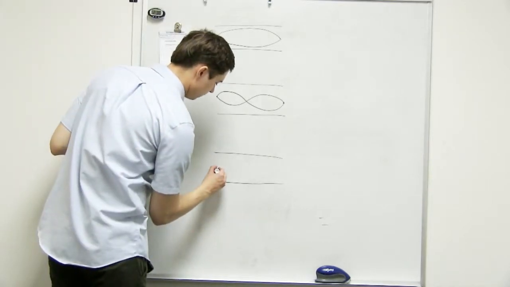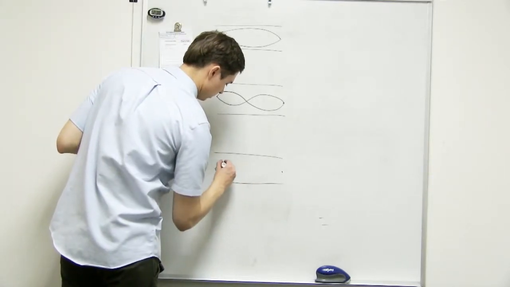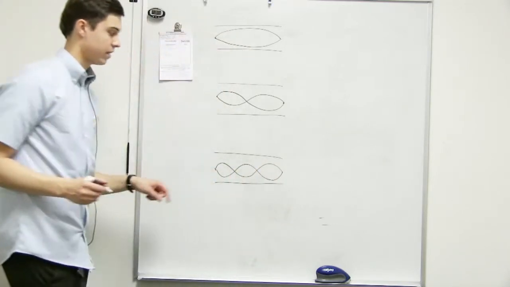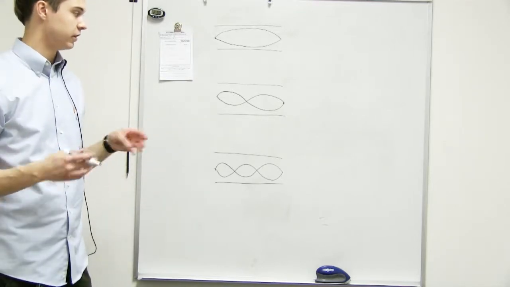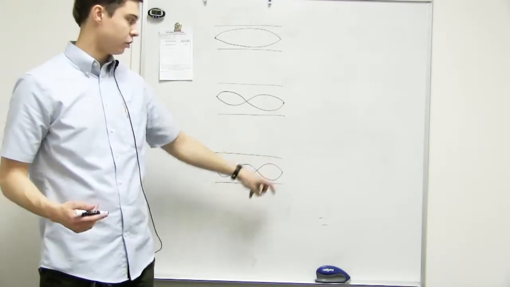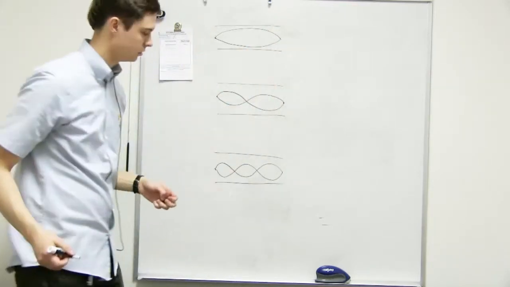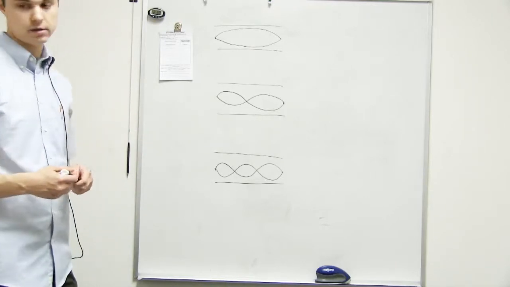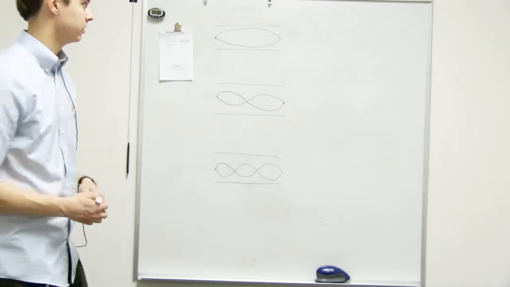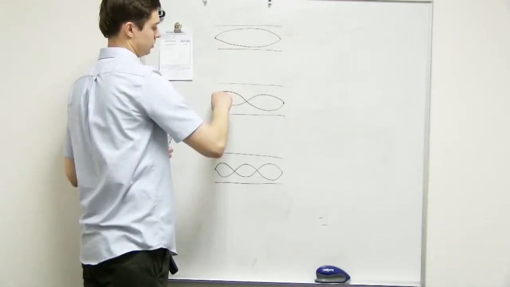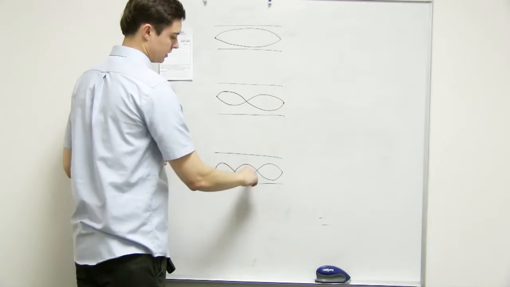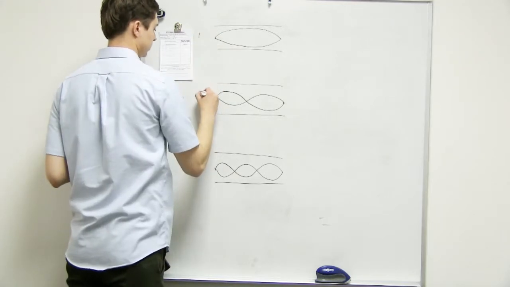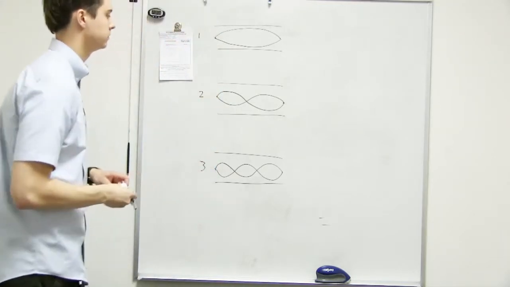The next possible wave is that, because that's the next wavelength that begins and ends on a node within this confined boundary. So every time it adds 1/2 of a wavelength, sometimes called one turn. So this is 1 turn, this is 2 turns, this has 3 turns. So this is our first, second, and third harmonic.